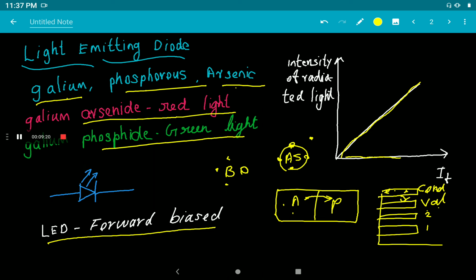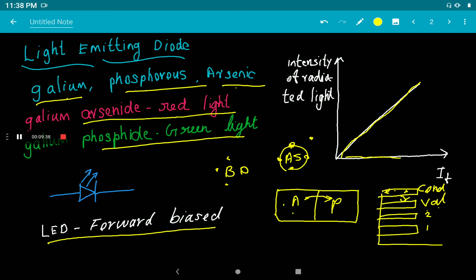The main advantages of LED are that it needs only low voltage to work, it has a longer life, more than 20 years, and fast on-off switching characteristics. So these are the advantages of light emitting diode.